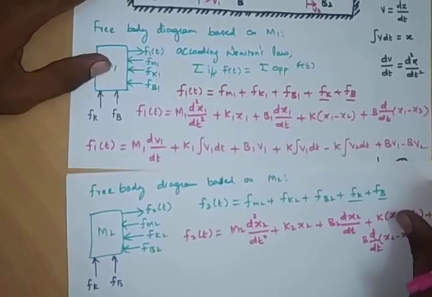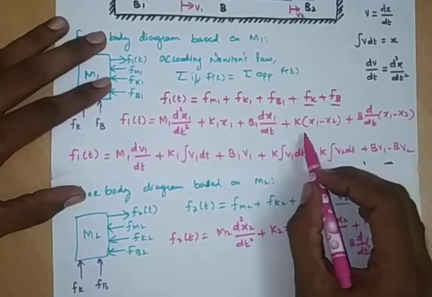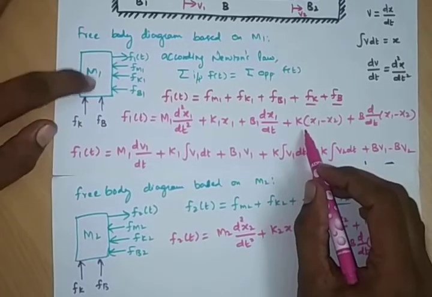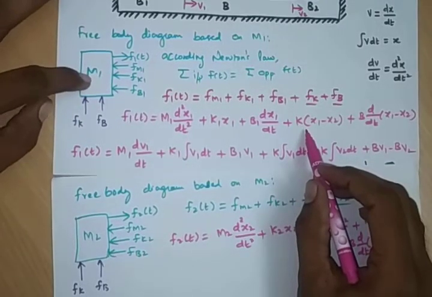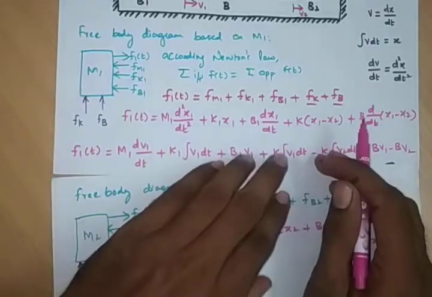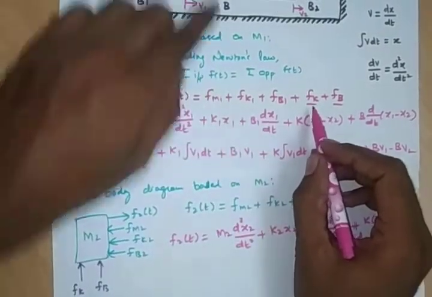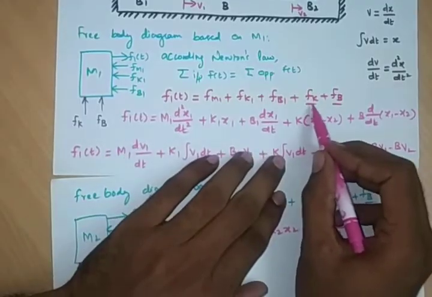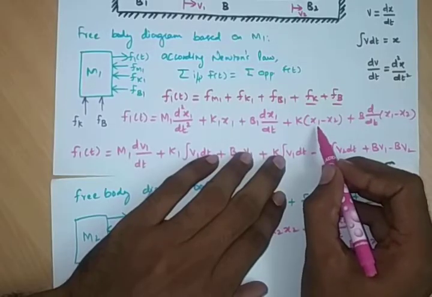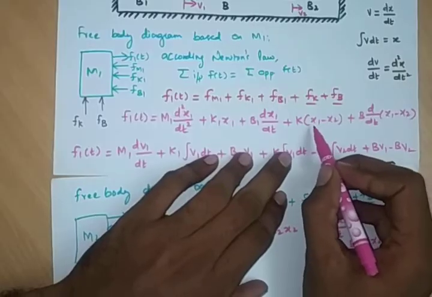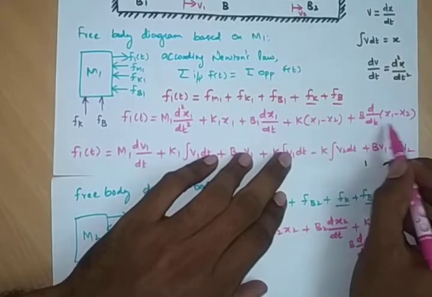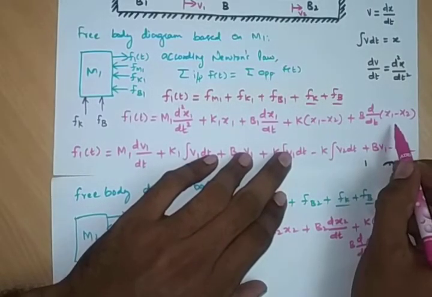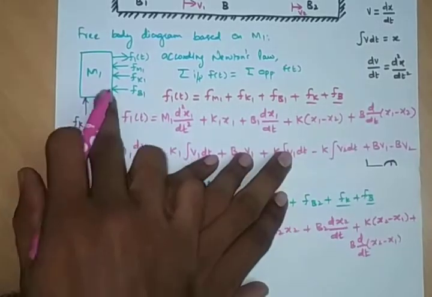You can see the previous free body diagram. From that free body diagram we observed that the common elements are this spring and this dashpot. For these two opposing forces we mentioned the difference of displacement such as x1 minus x2, because that is referred to mass 1.